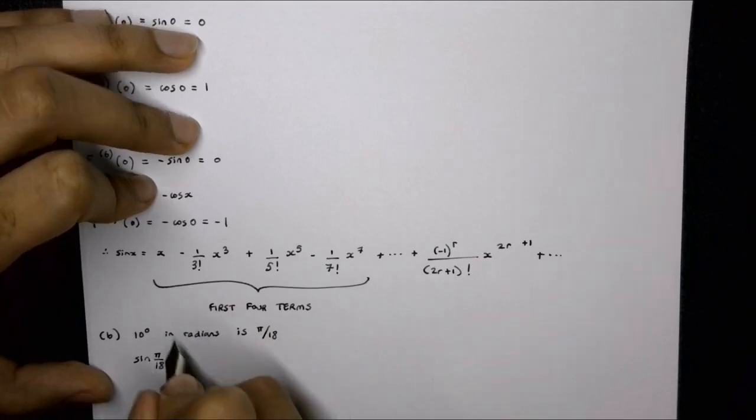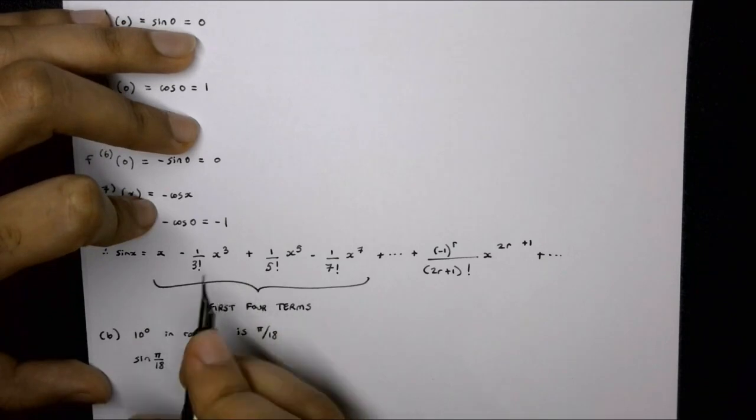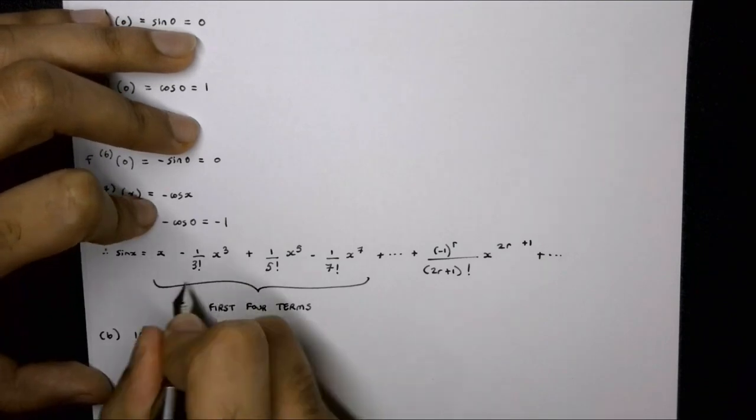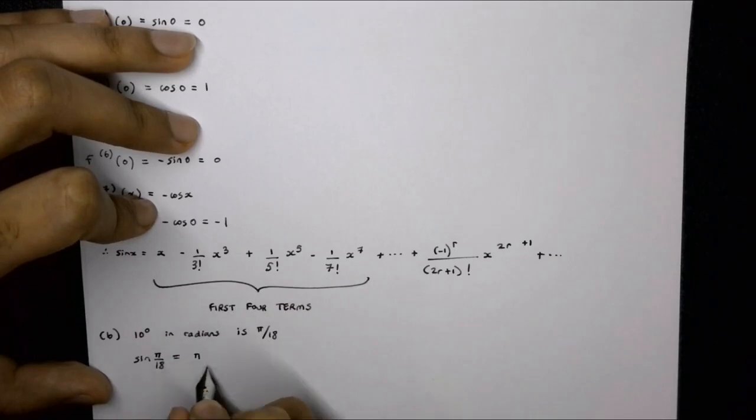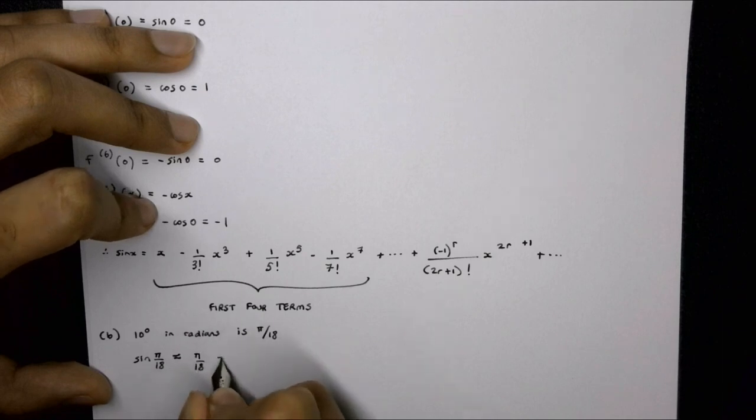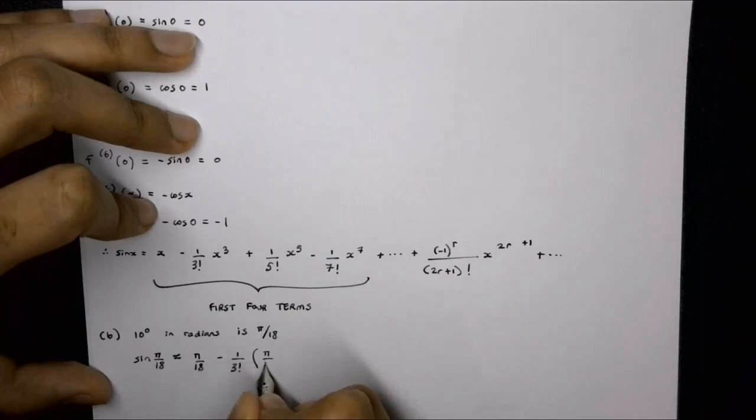So here, if we substitute into the first 2 terms, we've got pi over 18 minus 1 over 3 factorial times by pi over 18 cubed.